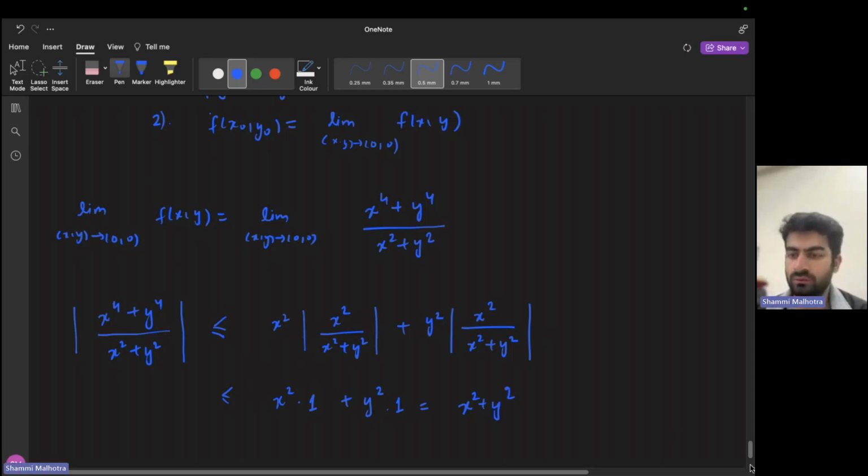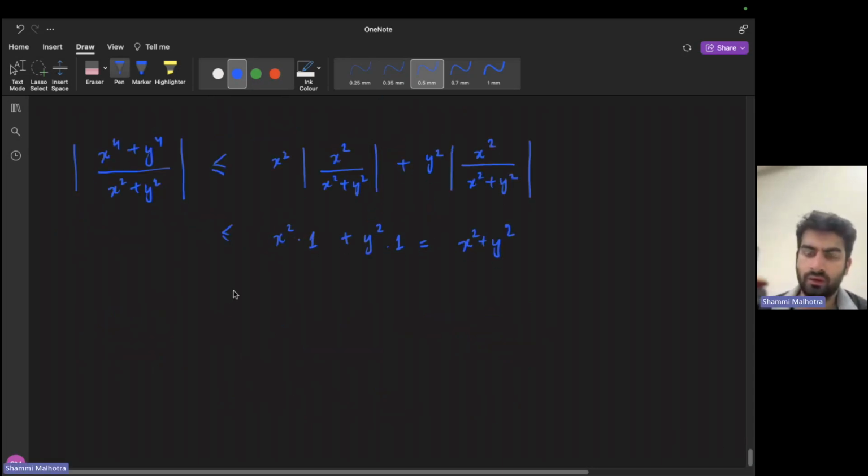Okay, so now I know this thing is less than what? This thing is less than delta squared. And how are we getting this? We know that the square root of x^2 plus y^2 is less than delta, so this thing is less than delta squared; basically we have squared both of the sides.